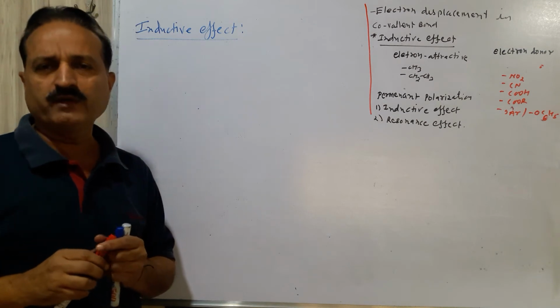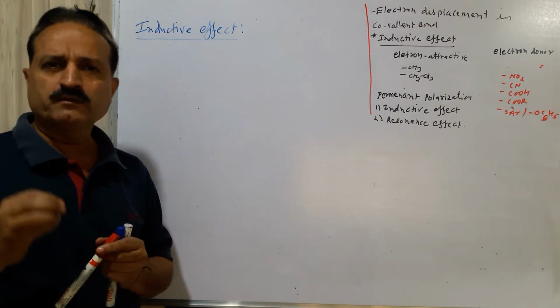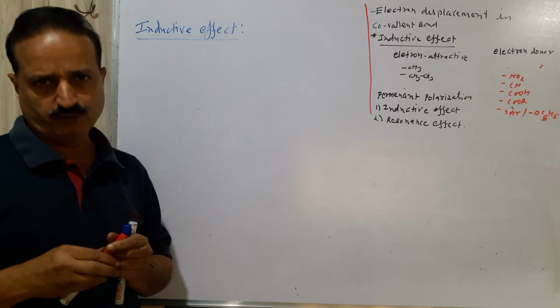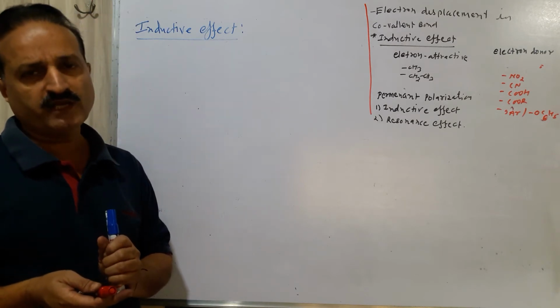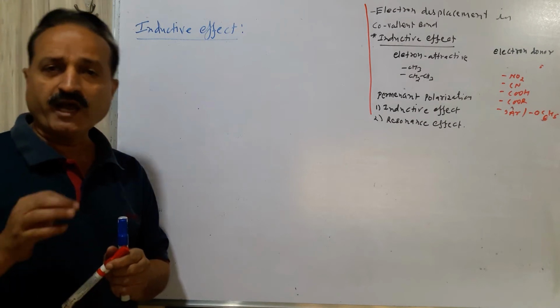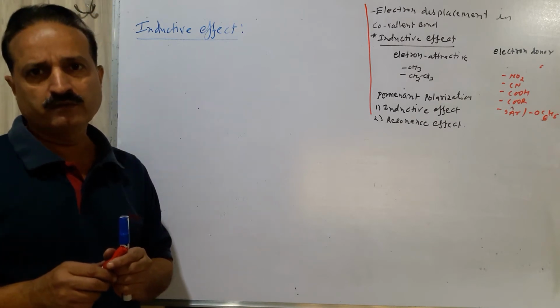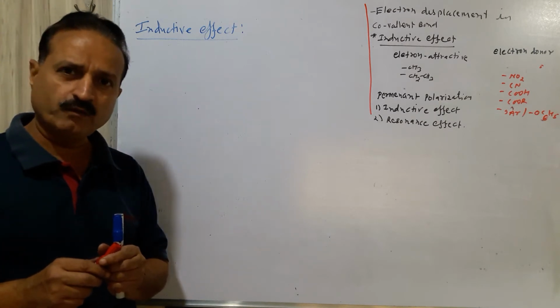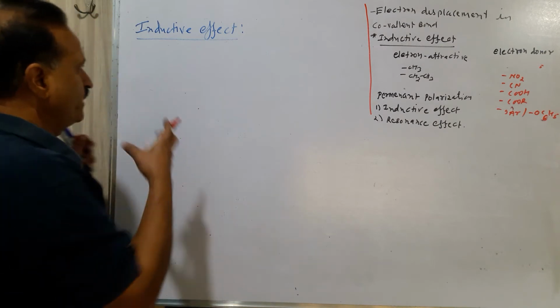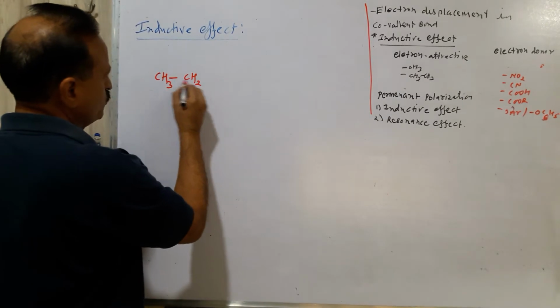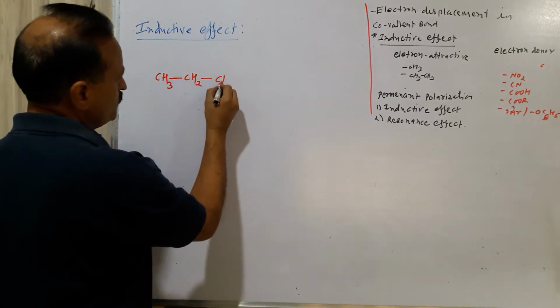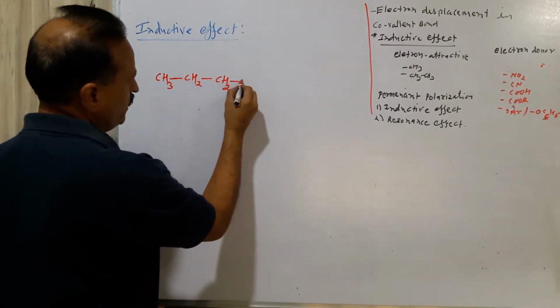I am giving one example which differs from the textbook. In your textbook they give chloroethane or ethyl chloride, and I am giving the example of chloropropane or propyl chloride. So we have propyl chloride, CH3, CH2, CH2, and Cl.